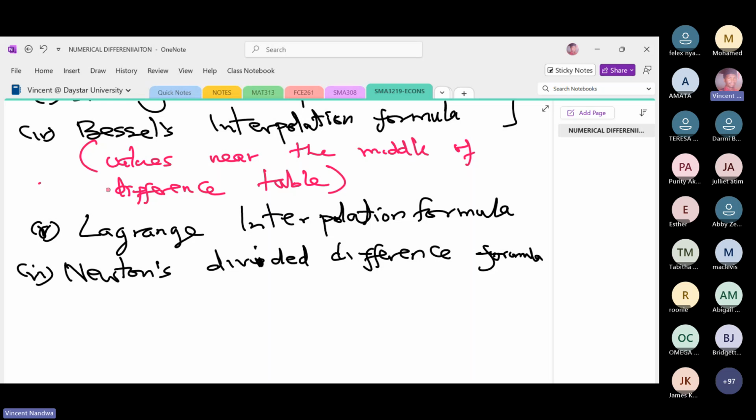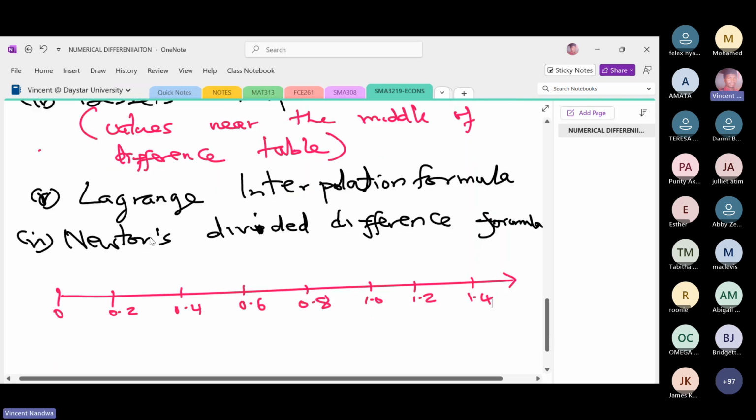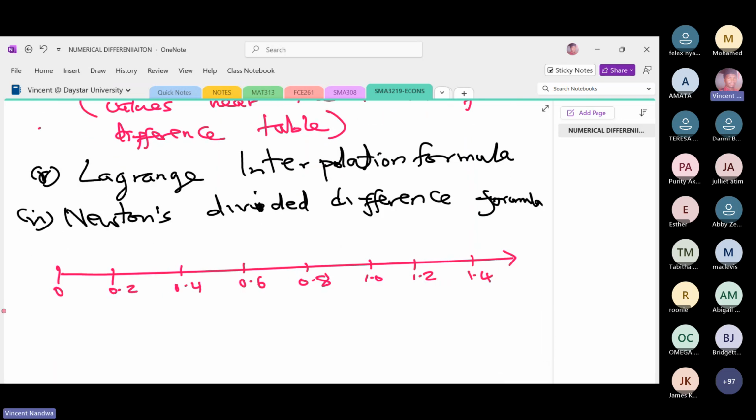And what we call equally spaced mesh points are values, for example, if this is 0, then I have 0.2, I have 0.4, I have 0.6, I have 0.8, I have 1.0, 1.2, 1.4, etc. So these are an example of mesh points which are values of x.